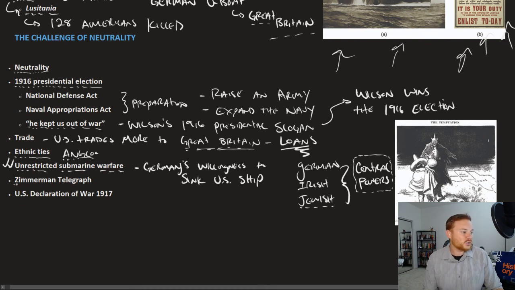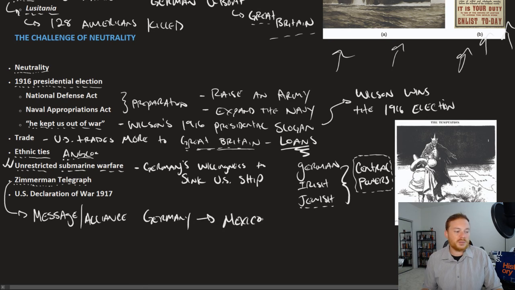To add insult to injury, the United States discovers the Zimmermann telegraph, which is a telegraph message, we might say alliance, from Germany to Mexico. Germany thinks that perhaps the United States might get in on the conflict on Great Britain's side.